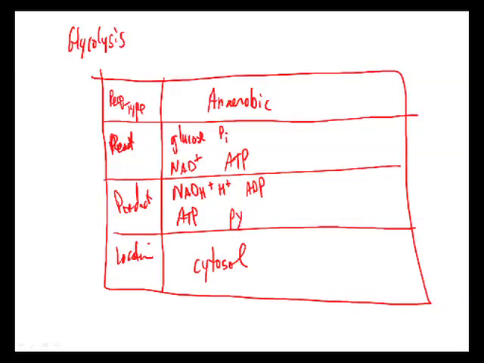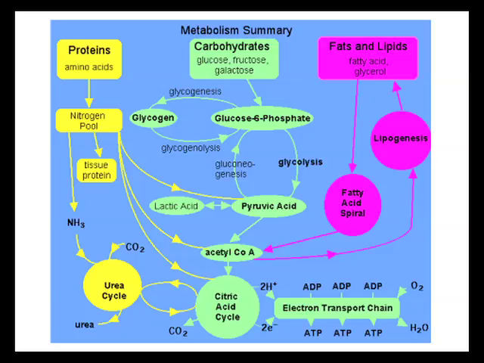And we end up with something called pyruvate or pyruvic acid. It's a 3-carbon molecule. Today, this is glycolysis here, from here down to here. So all this is glycolysis.